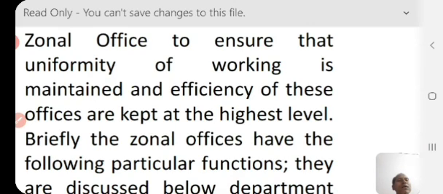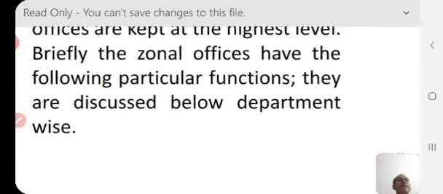The main function of the zonal office is to keep the uniformity among the branch offices and the other offices, and to maintain efficiency at the highest level. Briefly, the zonal offices have the following particular functions. They are discussed below.